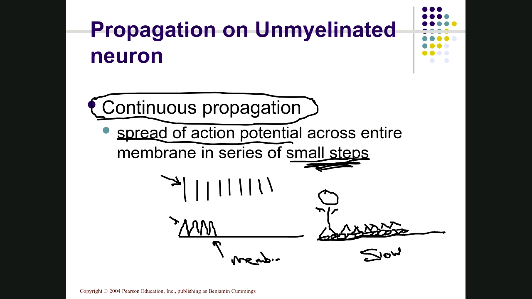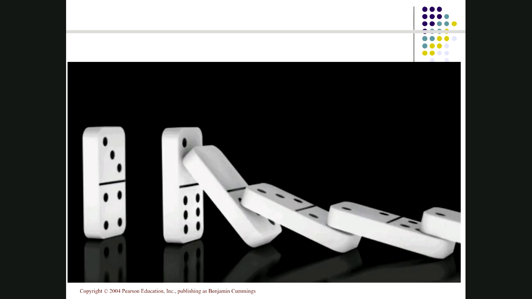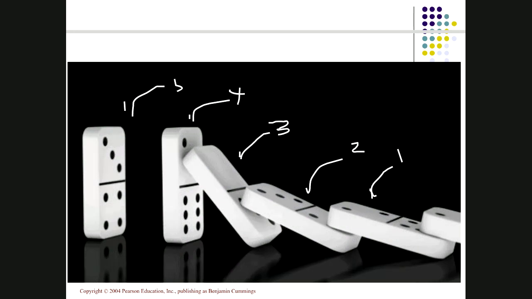So if you look at it, it's like these dominoes, like we've said before. Every domino is going to fall. It's a bunch of individual steps. Here's one step, 2 steps, 3 steps, 4, 5, all the way. Lots of little steps.